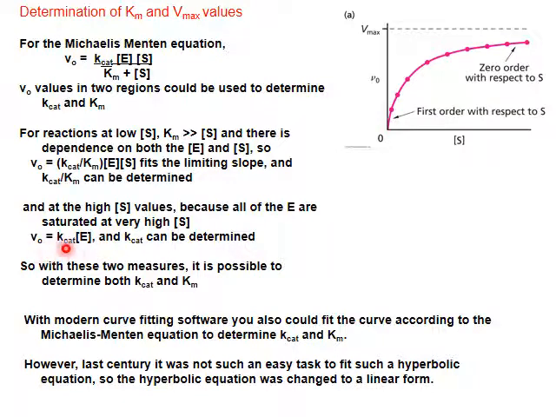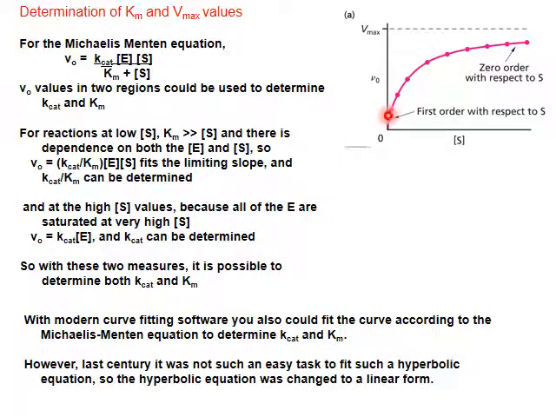And so the reaction is dependent upon E, and we can calculate k cat because we know how much E we added and we know the initial velocity. And so we have k cat, and if we have k cat over Km, we can calculate Km. And so that's how you can determine this from estimates from the Michaelis-Menten plot.